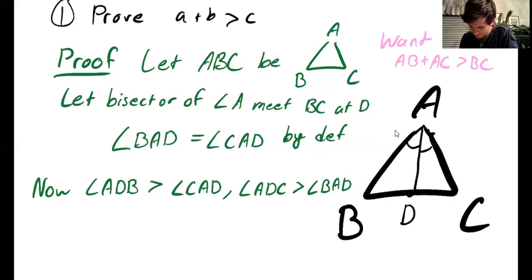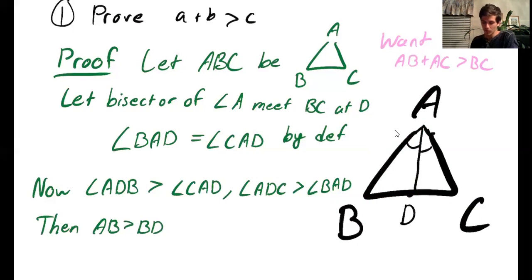Then AB is greater than BD, right? AB is actually going to be greater than BD.